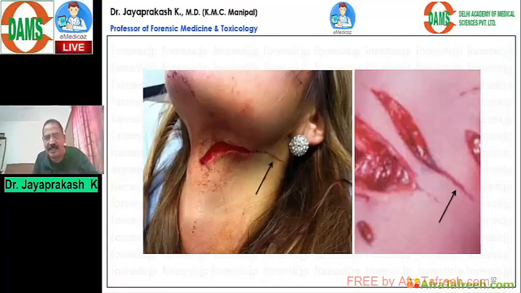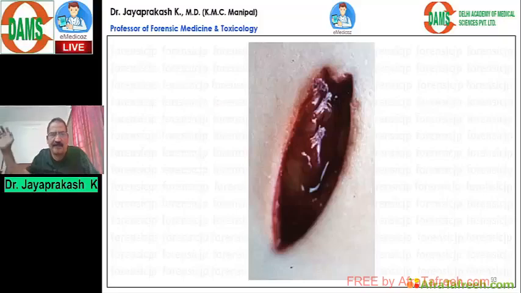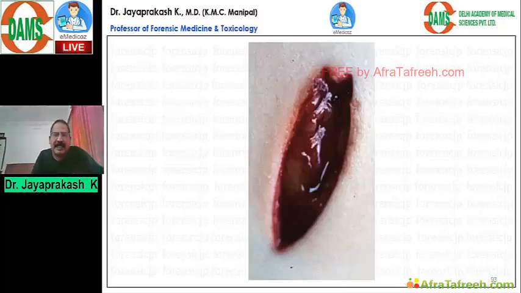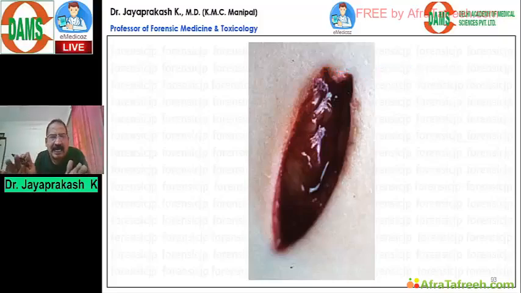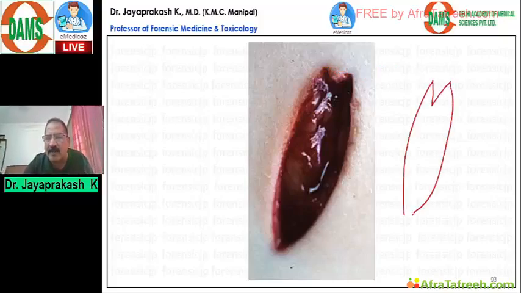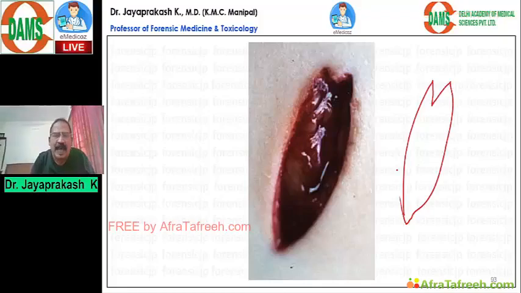That is known as peeling of the wound. Sometimes in a stab wound caused by a kitchen knife, a single-edged knife, the blunt edge may tear the tissue in the shape of the tail of a fish. That is known as fish tailing.